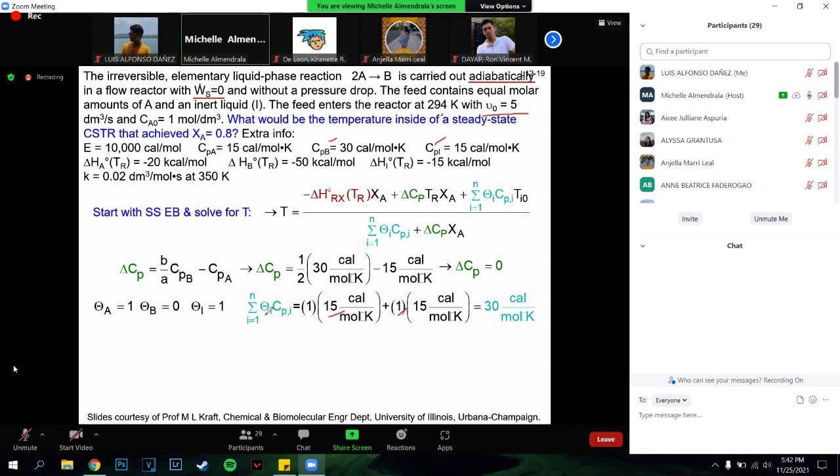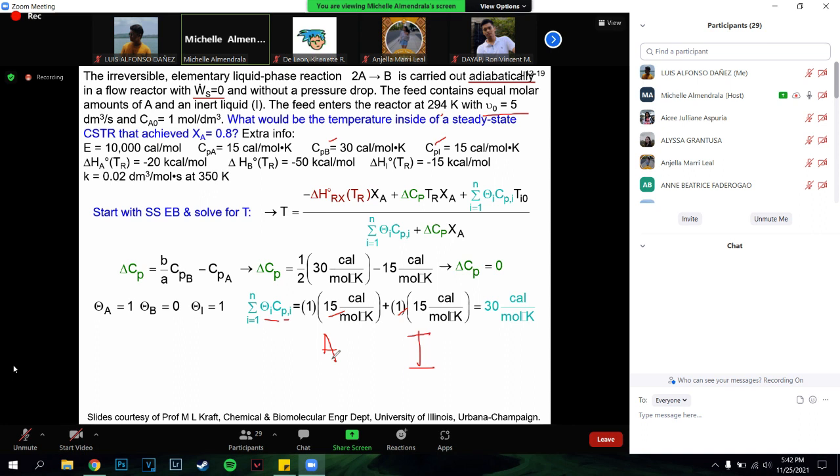And so what is the incoming species? So the incoming species belongs to A, and that belongs to inert, equal number of moles. So the flow rate of A and that of inert will be the same.